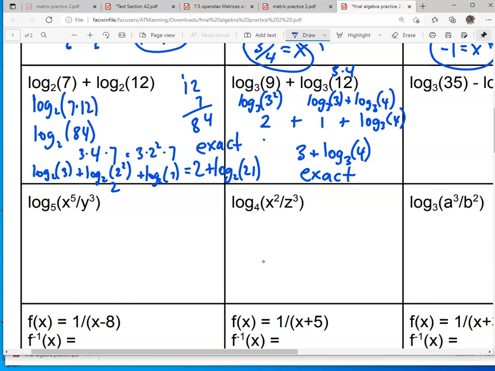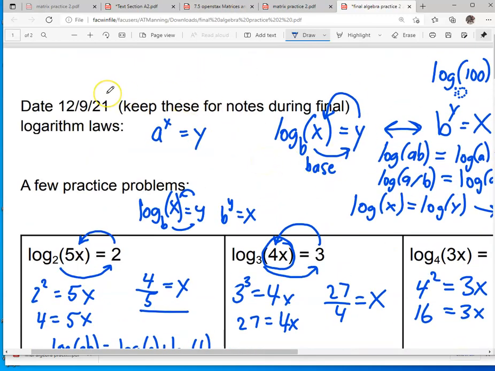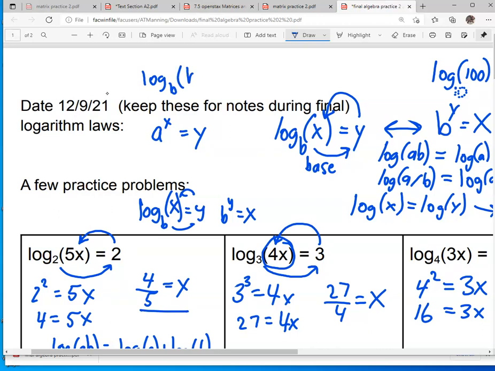So another rule, I guess we could put up another rule in our notes, in our rules of logarithms: log base b of b to any power, we'll call it p, b to the power of p. Log base b of b to the power p is equal to p. b to the p equals what's in there? Yeah, that makes sense. So this wouldn't be a bad rule to write down in your notes.